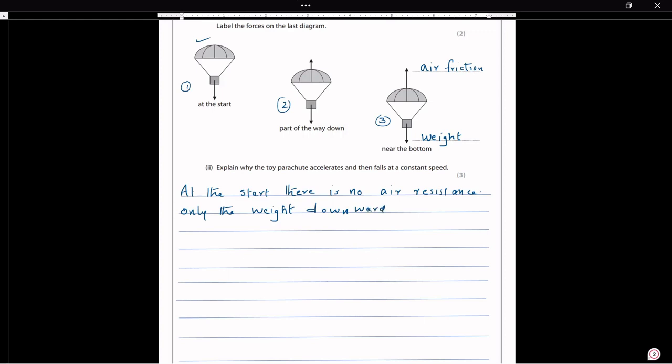Then after that, what is happening? So there is only a resultant force downward.